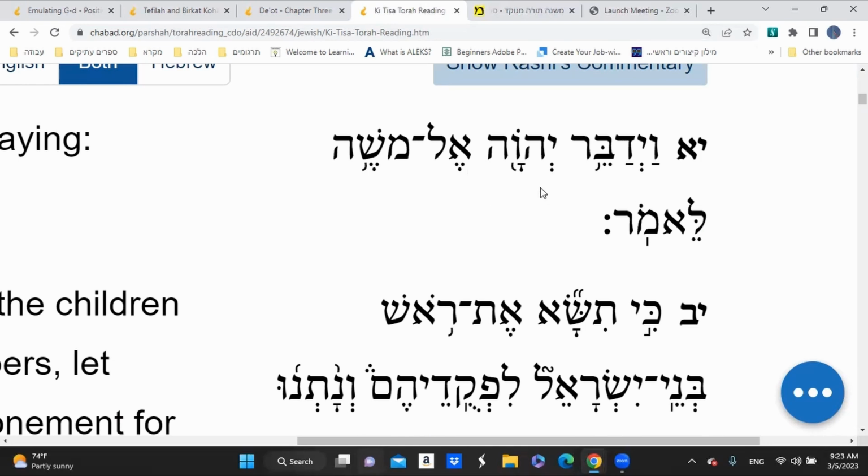And we can see in this pasuk a principle that's important to remember with regard to correct pronunciation of the words. If you have an Aleph in the middle of a word, and there is no vowel above or below it, then the Aleph is treated as if it's silent.